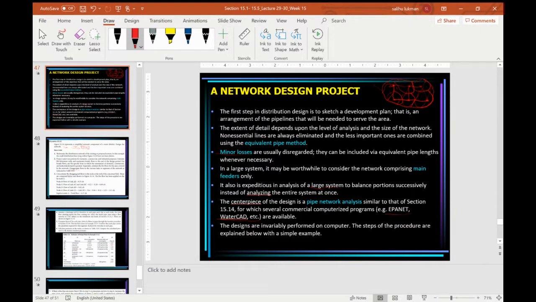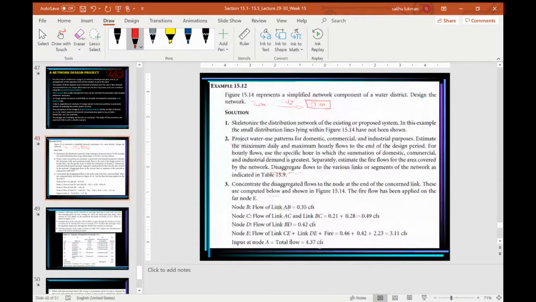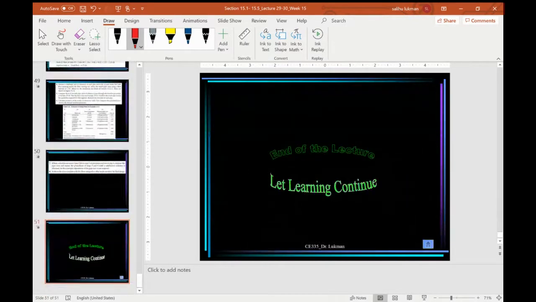With this, at least you'll have a very good and fair idea of what it entails to design a pipe network or a water distribution network. And this brings us to the end of the course.